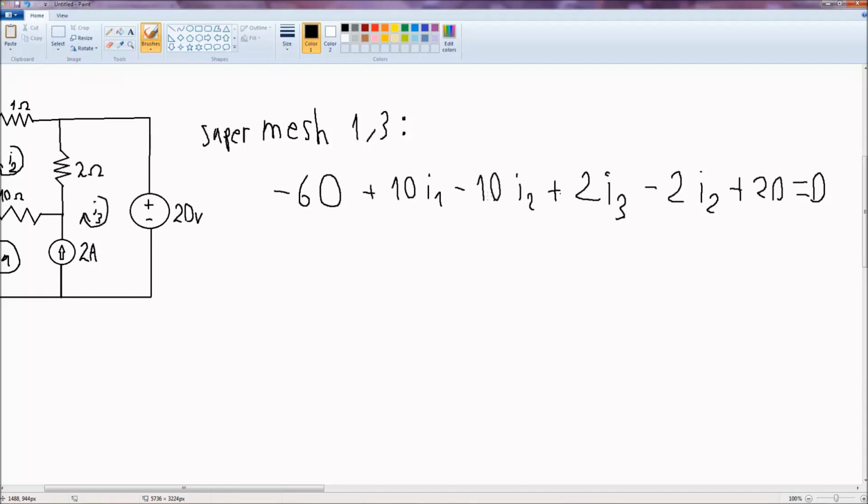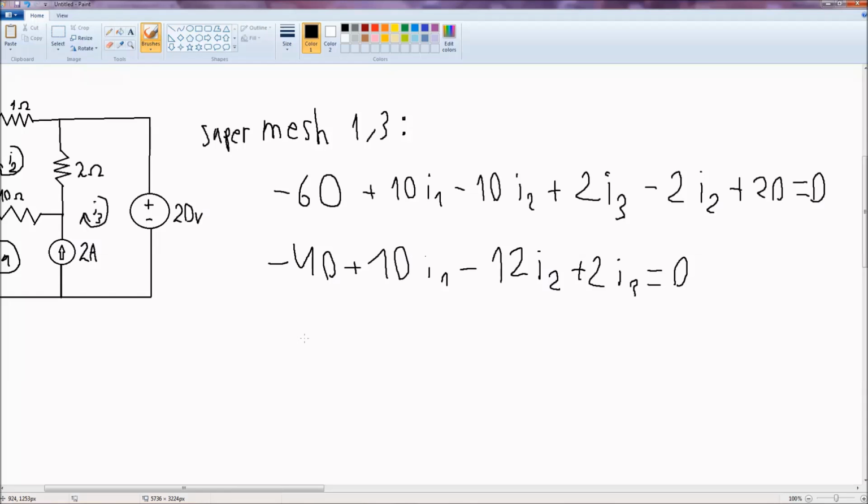And now let's simplify this one as we did previously. So minus 40 plus, C sets with nothing, 10 I1 minus, this goes with this, so 12 I2 plus 2 I3 equal to 0.